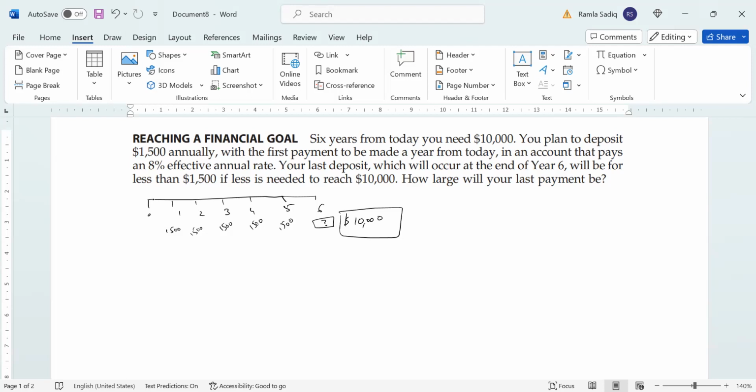In order to solve for this, we can see that first we need to determine how much money will be in the account based on the compounding that takes place on the amounts that have already been placed. So first and foremost, we are going to calculate what this amount is going to look like at the end of 5 years.